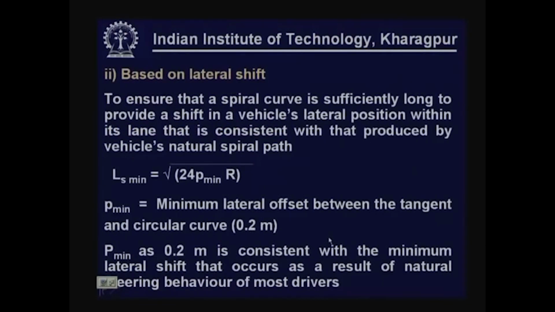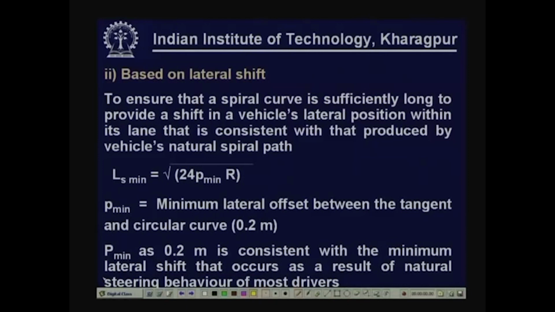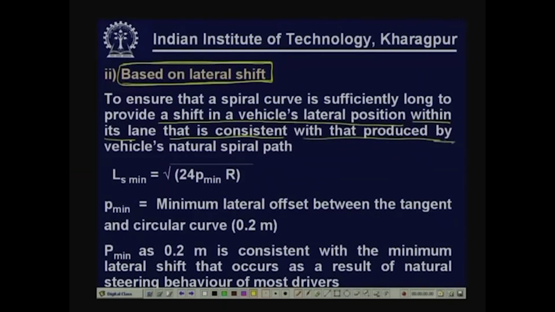Now, the other consideration is based on lateral shift. This was not covered when we discussed the Indian Roads Congress provision. This is basically to ensure that a spiral curve is sufficiently long to provide a shift in a vehicle's lateral position within its lane that is consistent with that produced by the vehicle's natural spiral path.